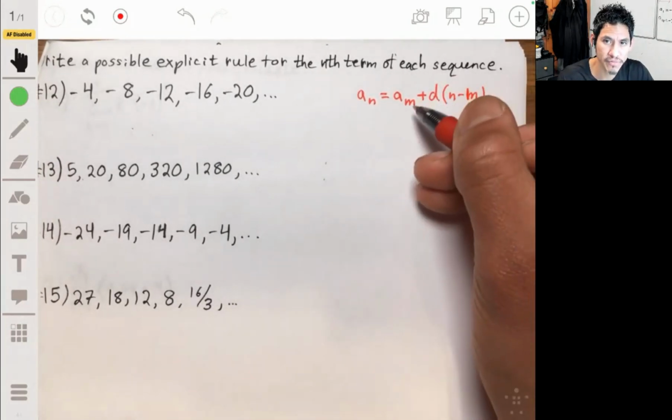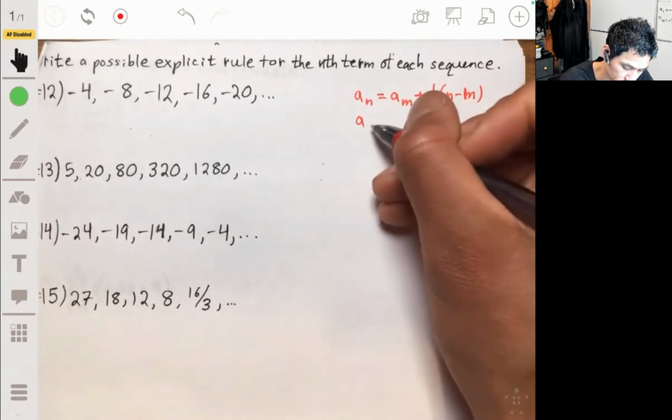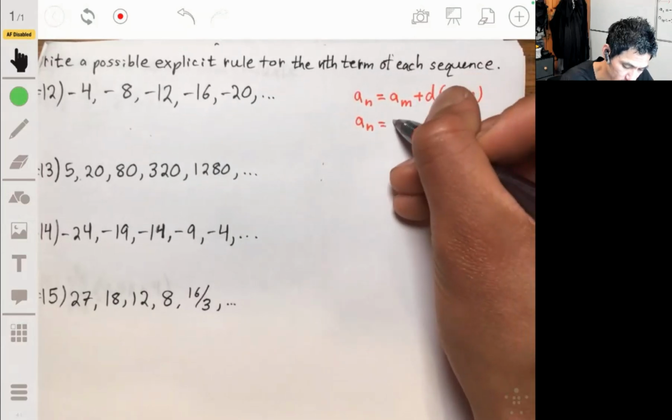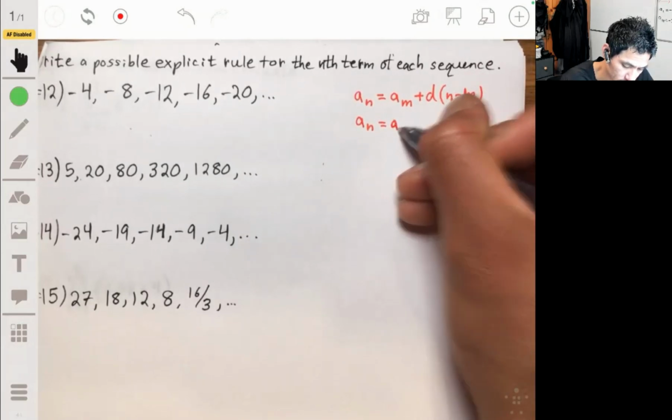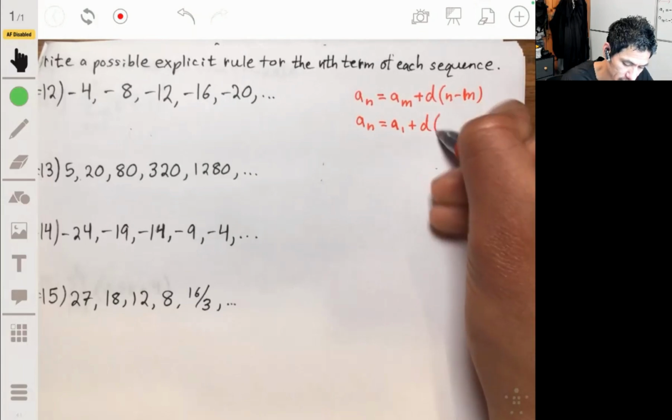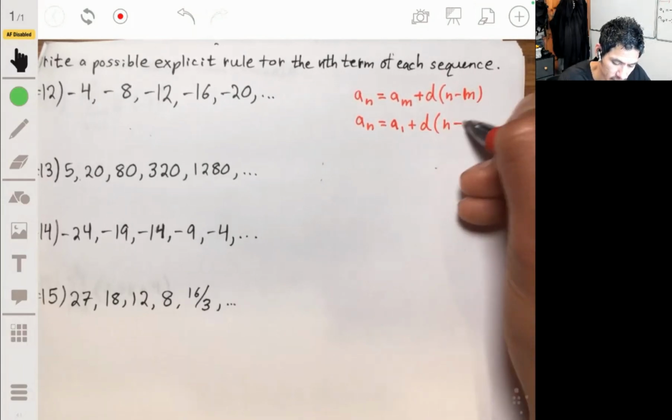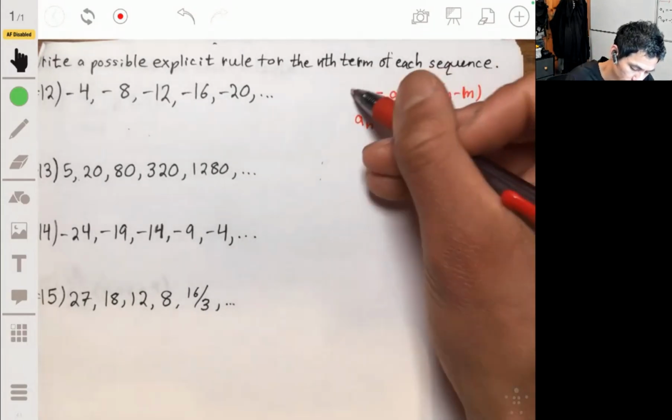Now, whenever you have the first term, you can also use just A1 always as that mth term. So then you can maybe see it as this form. Both of these work.